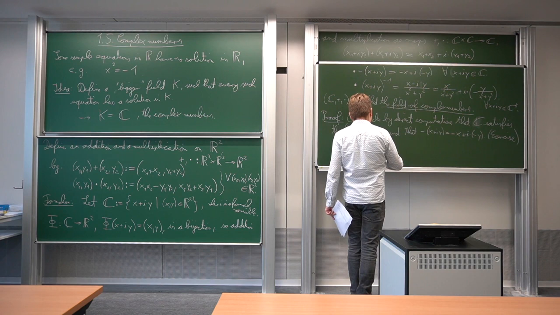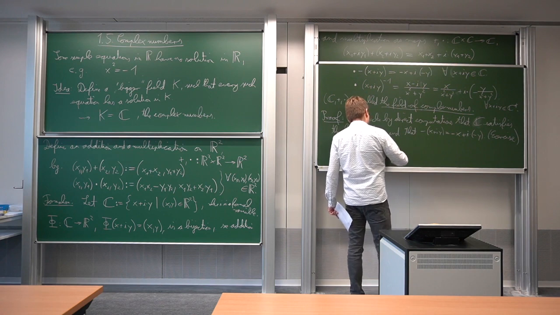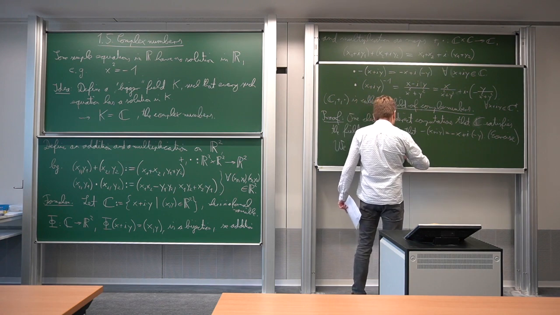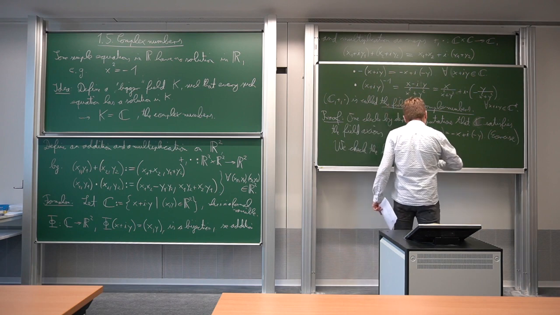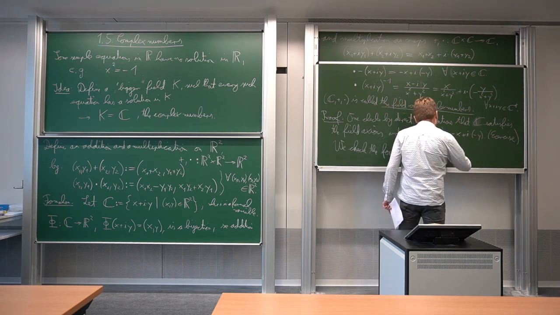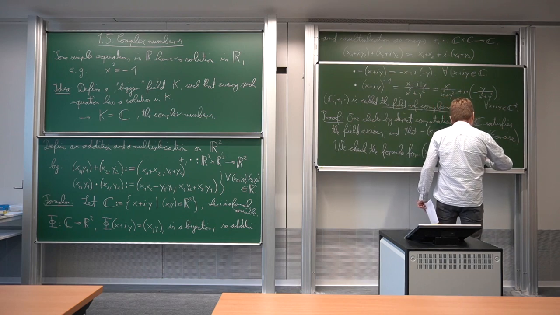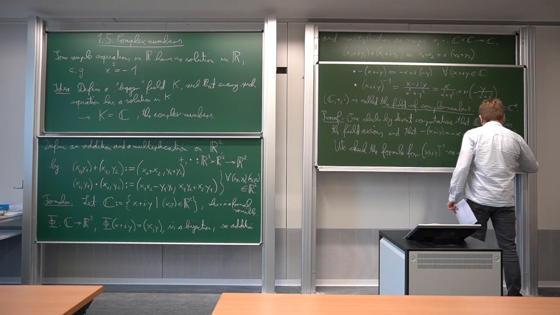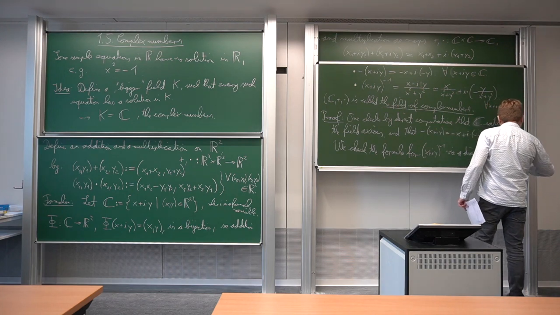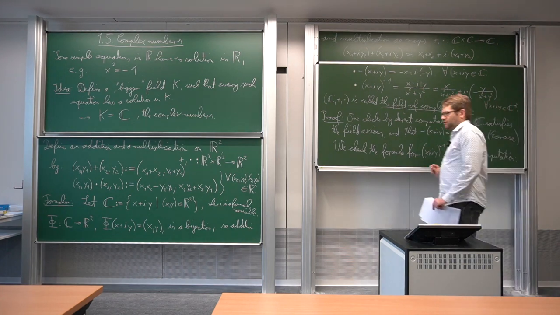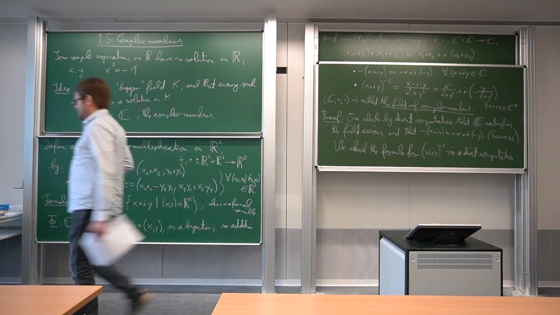So we check the formula for (x plus iy) to the minus 1 via a direct computation, and I will do so after erasing the blackboard.